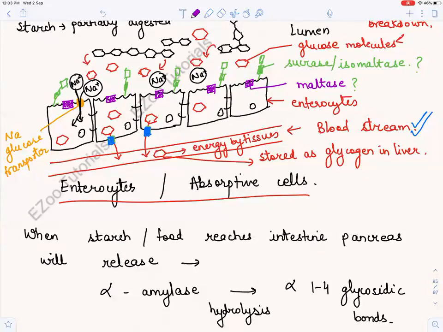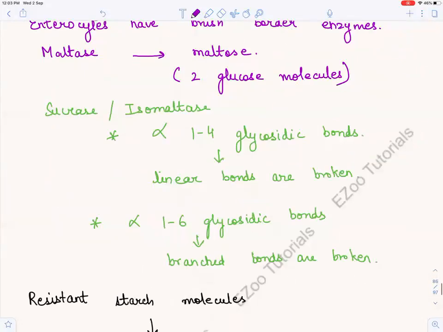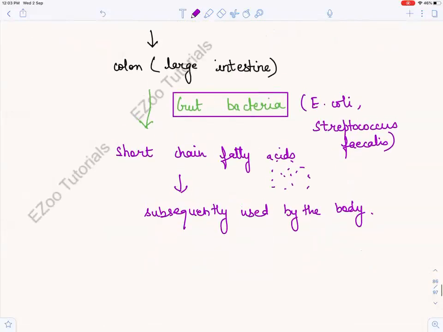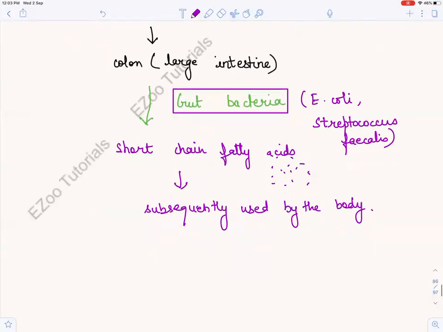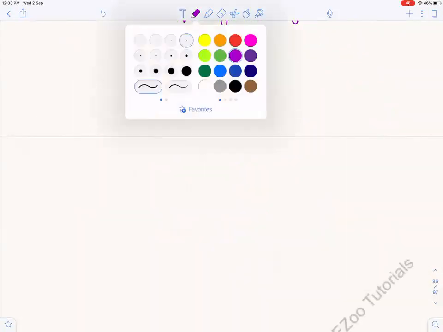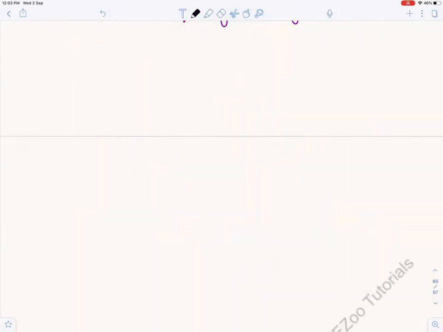Resistant starch molecules, we said, are broken down by the gut bacteria and subsequently used by the body.